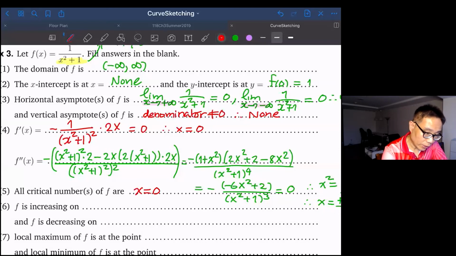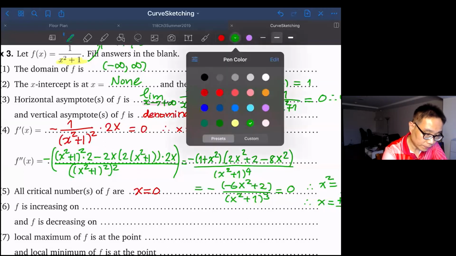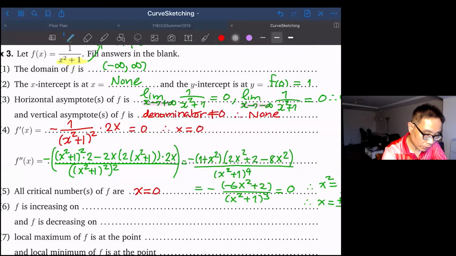And you're gonna have increasing, decreasing by drawing. So you have 0 in the middle like this. And you have to check the sign for f prime.